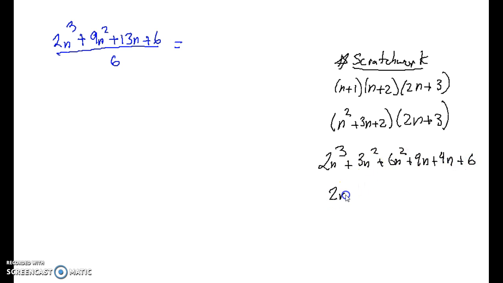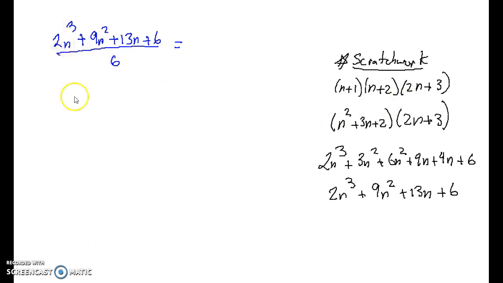Collect our like terms. 2n cubed plus 9n squared, looking like this one over here. 9 plus 4 does give me 13n, and then plus 6. So notice that I got the same polynomial as this guy, so I know that this would factor into this.